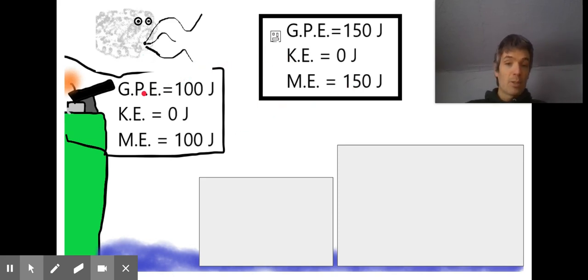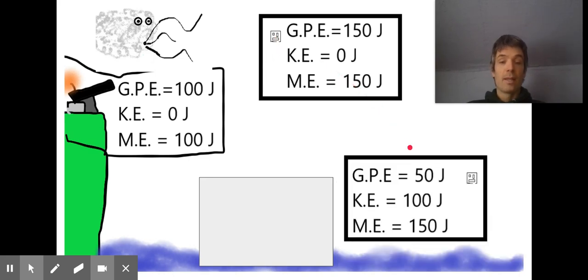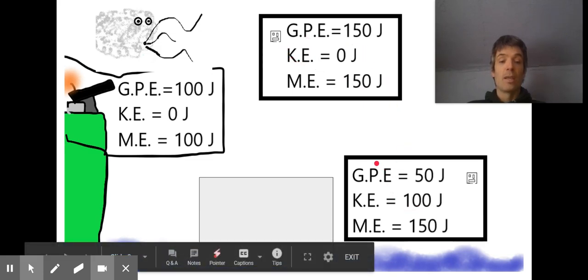That mechanical energy gets converted into gravitational potential energy. He has further to fall. And as he goes down on his flight, this gravitational potential energy would decrease and get converted into kinetic energy. Therefore, one goes up and one goes down. However, the total amount of mechanical energy is going to remain constant.